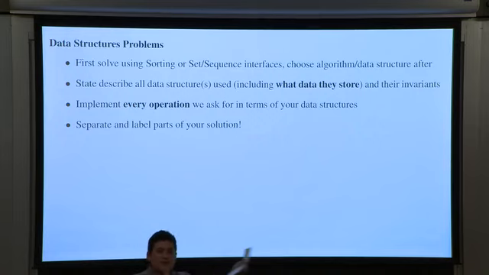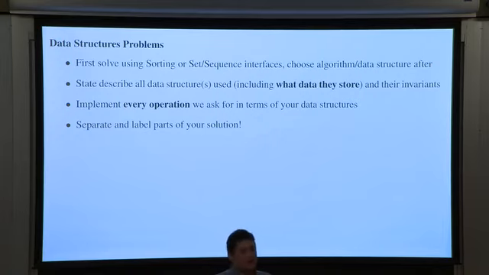One gets you to a correct algorithm. The other is for efficiency. Decoupling these might help you in solving the problem. If it doesn't help you, don't. If you're like, whenever I see a set data structure, I'm going to probably use a hash table, that's probably fine.